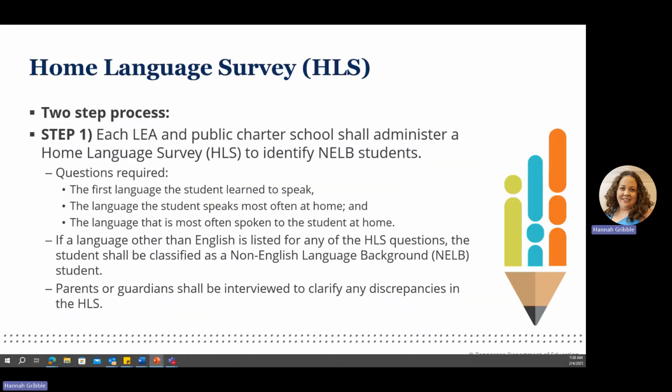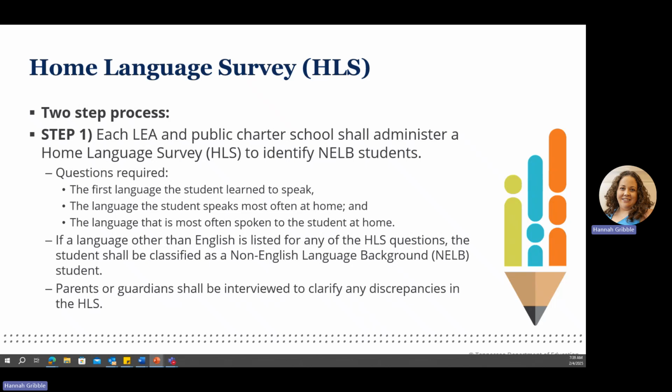Identification of EL students is a two-step process. Step 1, each LEA and public charter school shall administer a home language survey, or HLS, to identify non-English language background students.